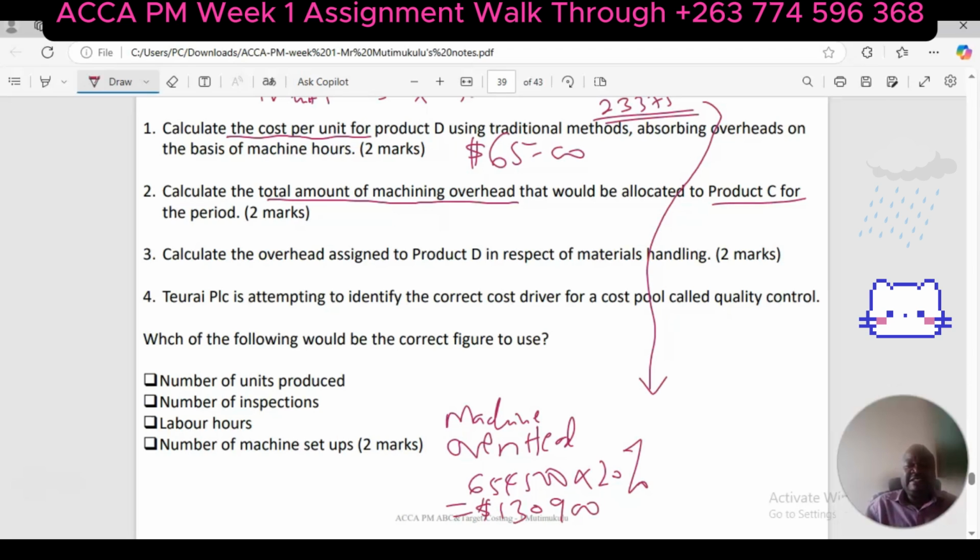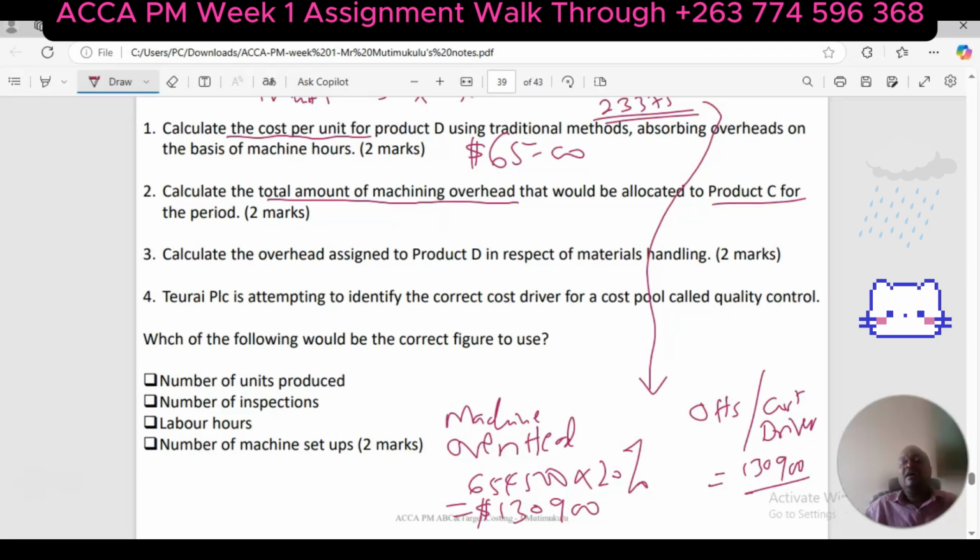So this is the machinery overhead. But we want the overhead cost per cost driver. Per cost driver, and our cost driver is machine hours. So the overhead per cost driver is now going to be 130,900 divided by the cost driver.